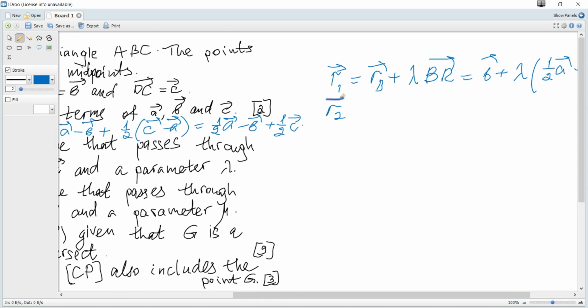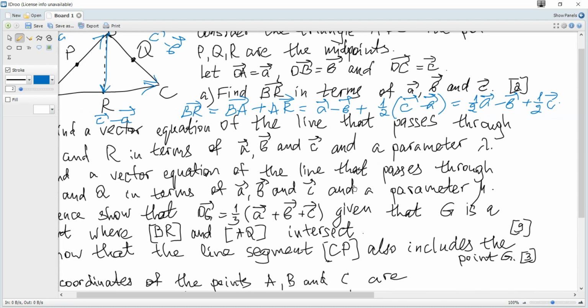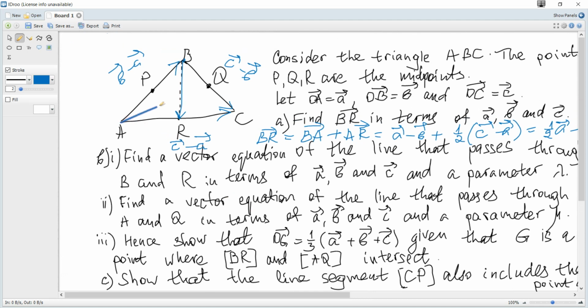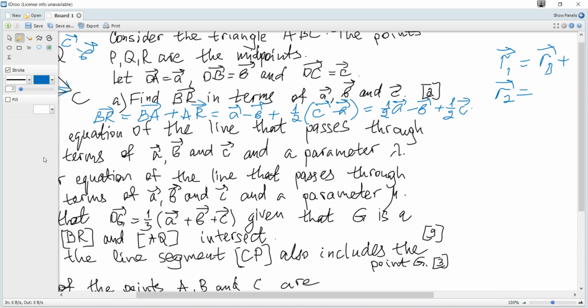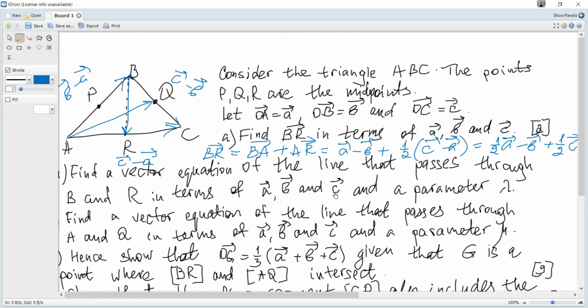And the next question is to find a vector equation of the line that passes through A and Q. And again, it will be the position vector of point A, which is just a, plus mu, and the direction vector, and it can be considered to be the vector AQ. And what is AQ?